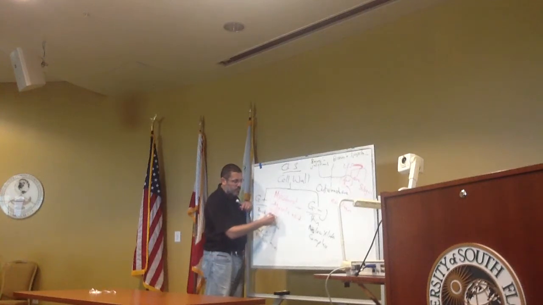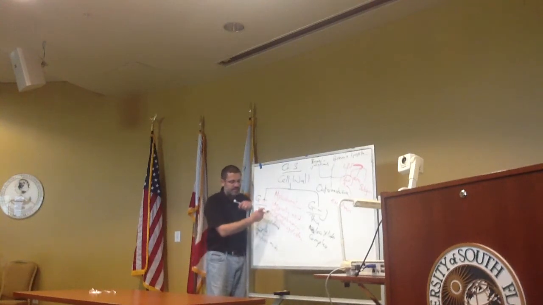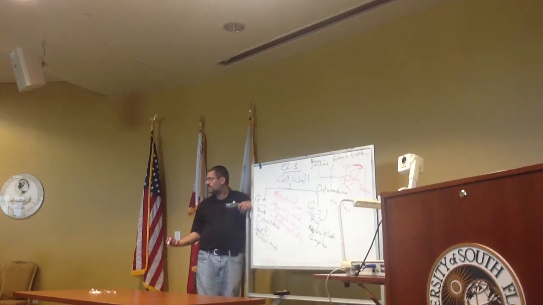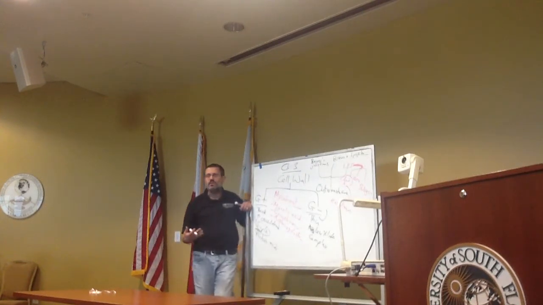They have lipoarabinomannan. They have arabinogalactan. It's in the notes. That allows them to resist drying, resist antibiotics for the most part, resist many different elements of the immune system.